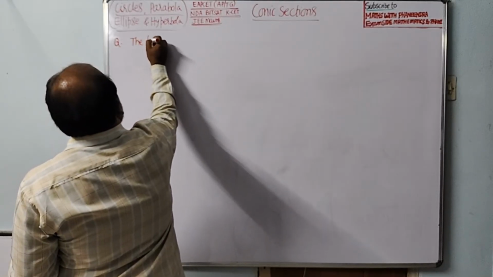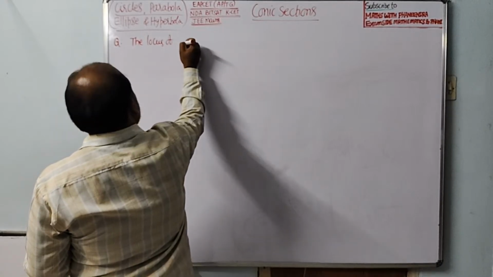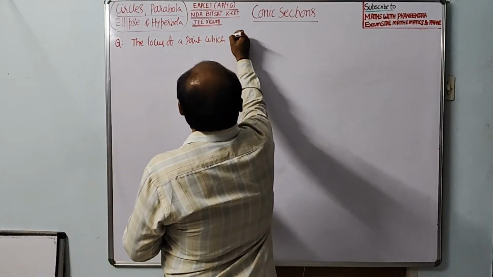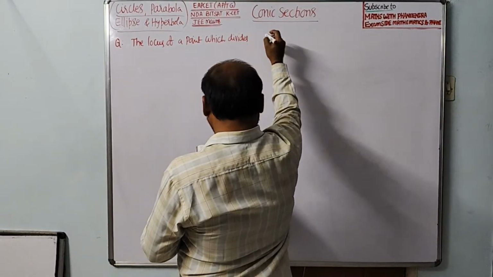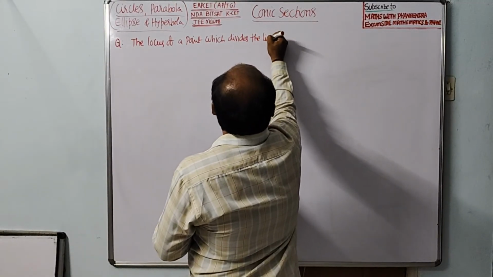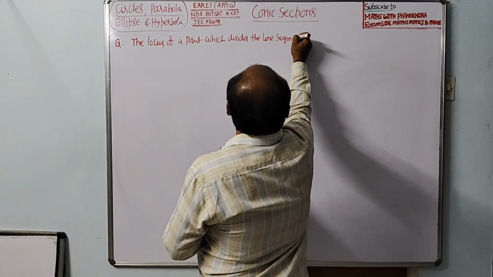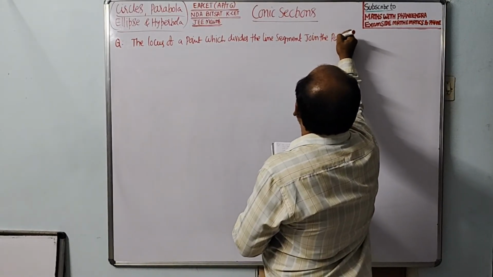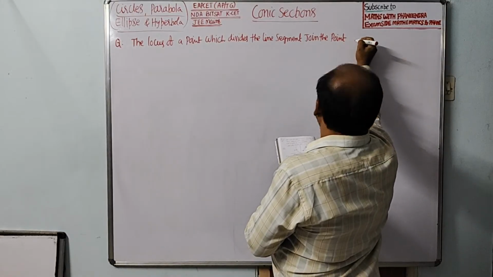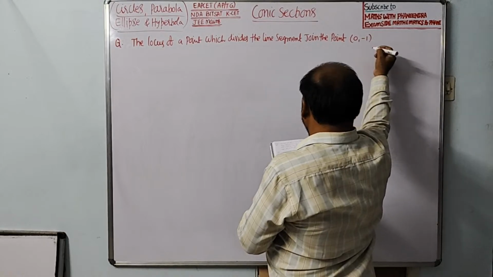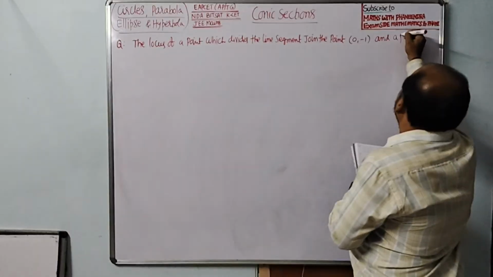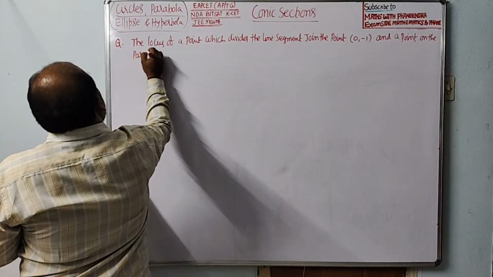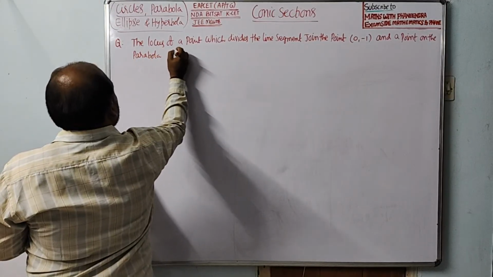The locus of a point which divides the line segment joining the point (0, minus 1) and a point on the parabola x square equal to 4y.